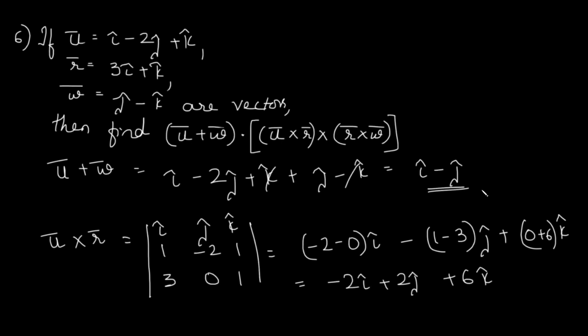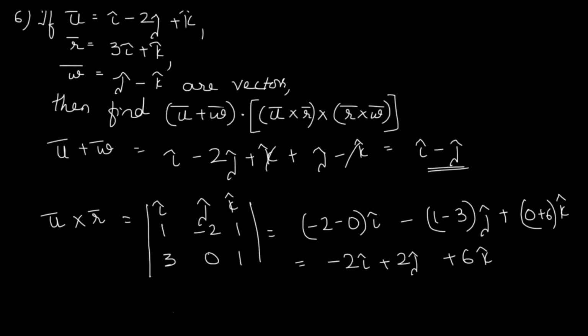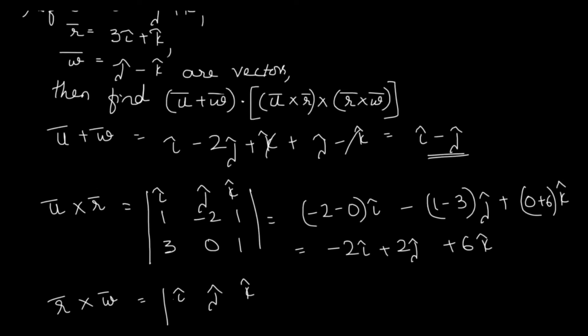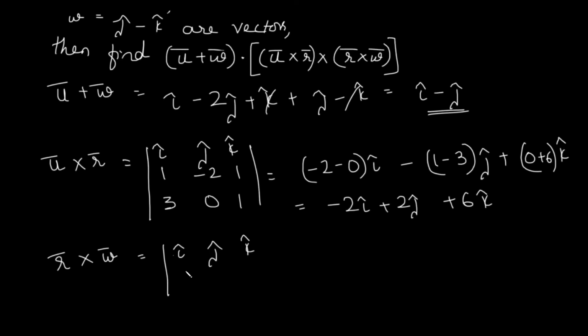Having obtained that, we also proceed to find out what is R cross W. Again by the same determinant method, I, j and k. We write the values for R, which is 3I plus k, so we get 3, 0 and 1.